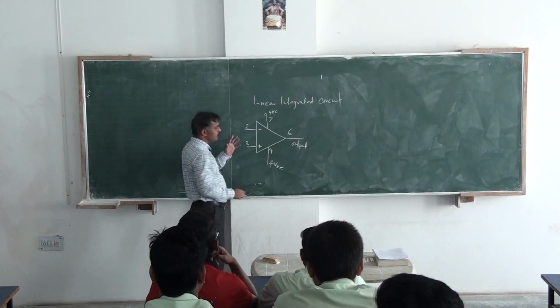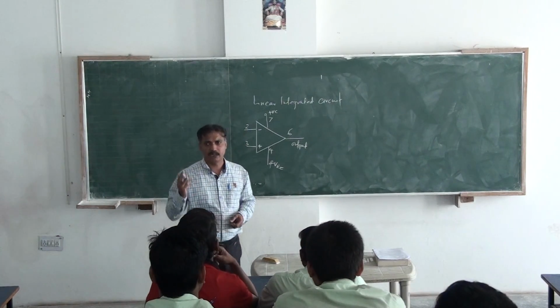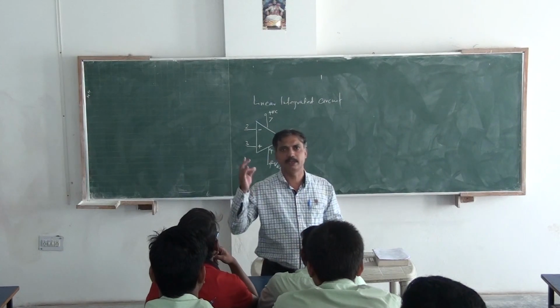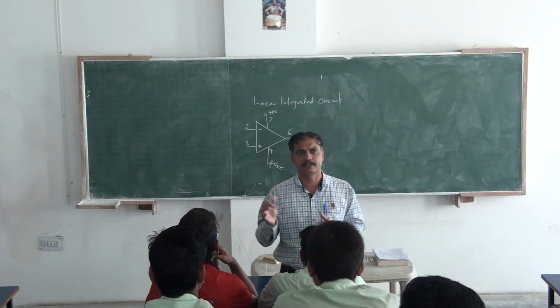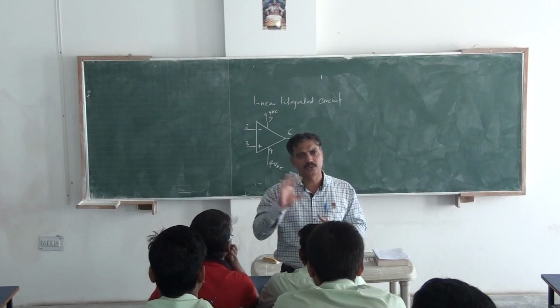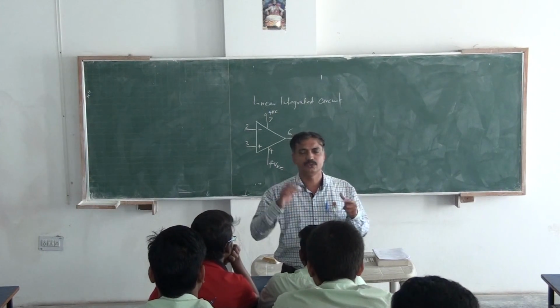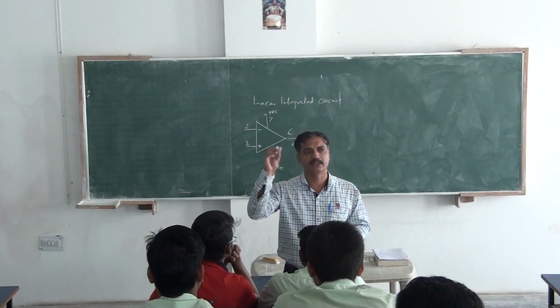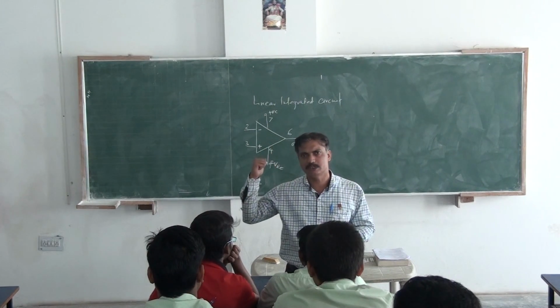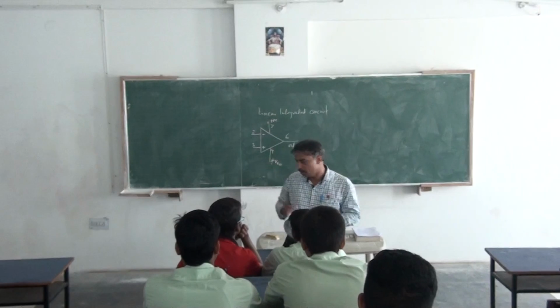And the rest of the pins, let's say pin number 1, pin number 8 and pin number 5, are used for different purposes. Pin number 8 is not used, it is a no connection pin. Pin number 5 and pin number 1 are used to null the offset which is produced within this op-amp.